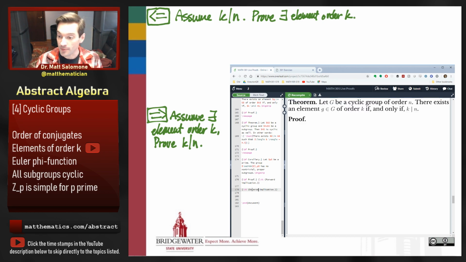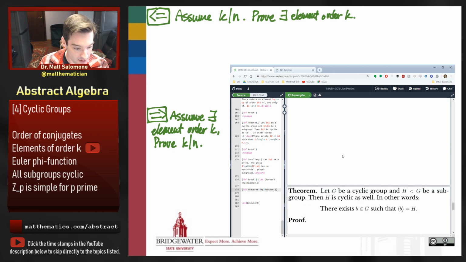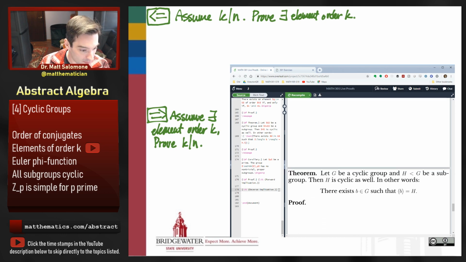So I'm going to preemptively set up those two sections in my proof. Forward implication section and a reverse implication section. Where did, oh, I'm typing in the wrong place. Let me get to where I actually want to be here.